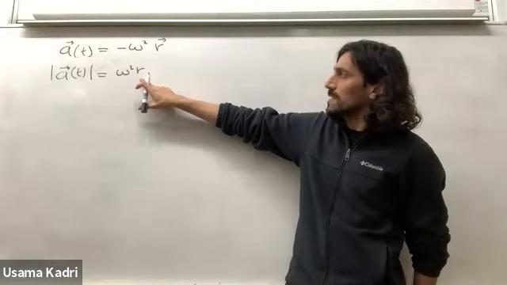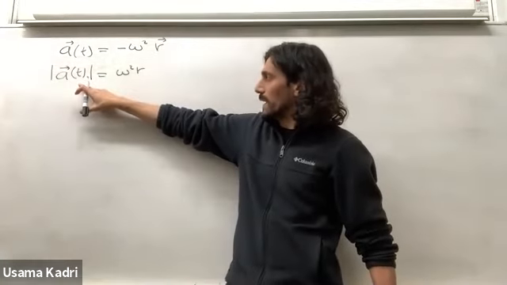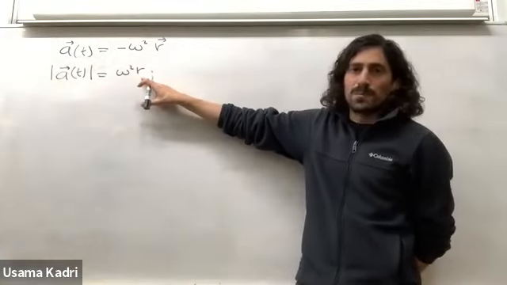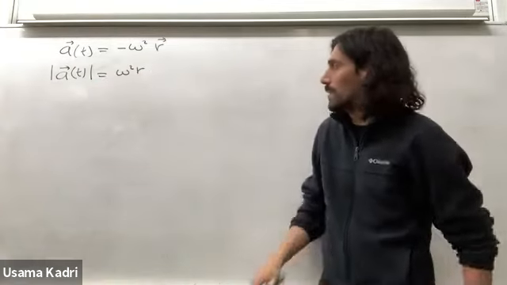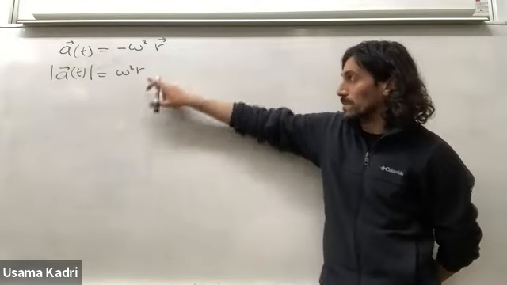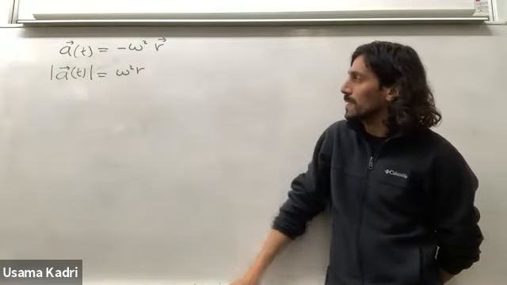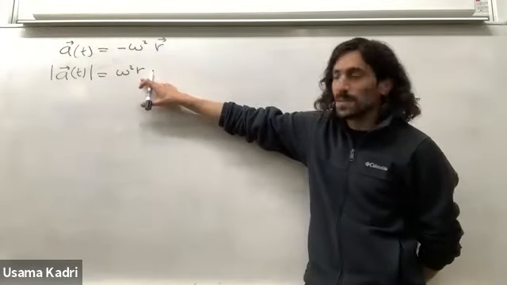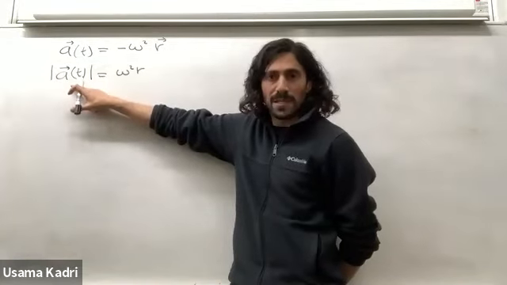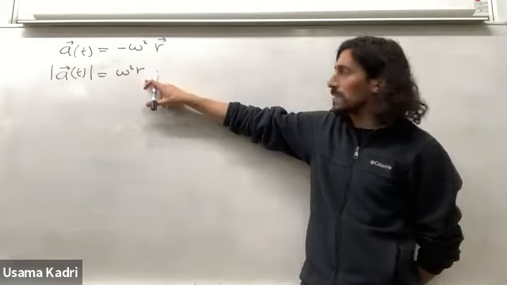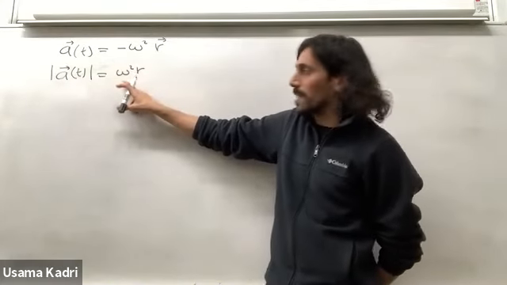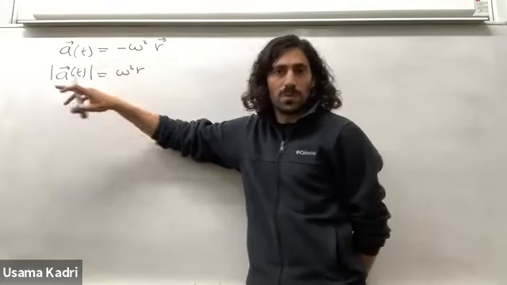And what this tells me is that the magnitude of the acceleration is proportional to the radius of the circular motion, the uniform circular motion. The larger r becomes, the larger the acceleration becomes. If I make r twice as large, given the same omega, the acceleration would be twice as large.